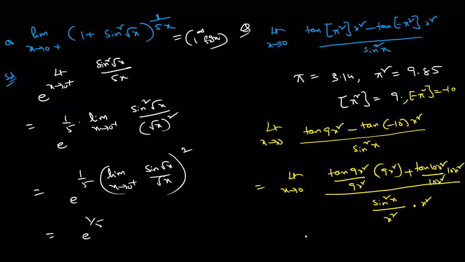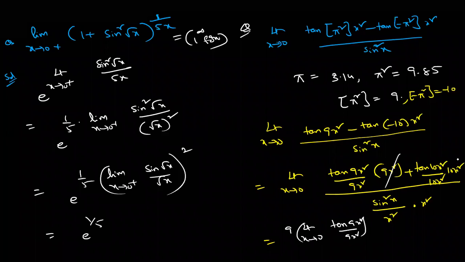So for the final case, see carefully. Limit x tends to 0. 9 is the common factor. Tan 9x square by 9x square. Why? Because here x square is the common factor. Cancel.